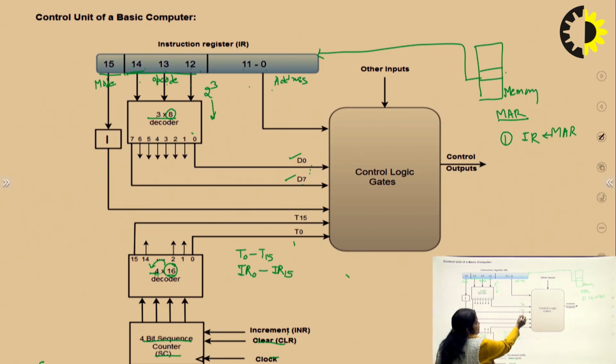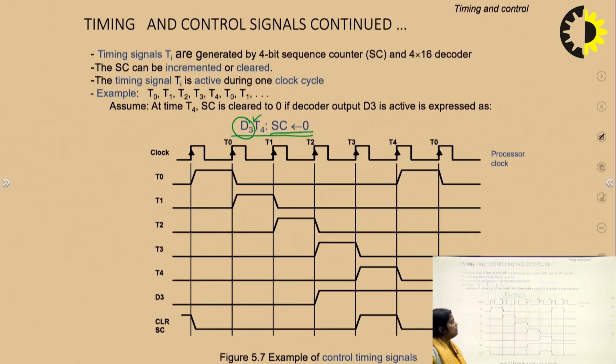These are actually the opcodes, D0 to D7. So when D3 is 1, at that time the sequence counter value will be 0. Whatever operation is going to be performed, you can write it here.